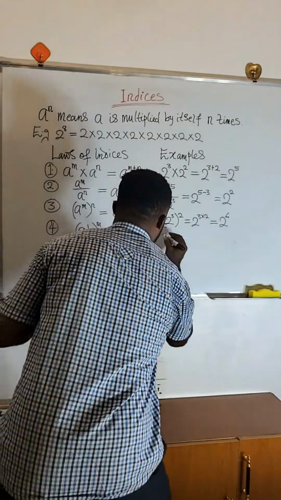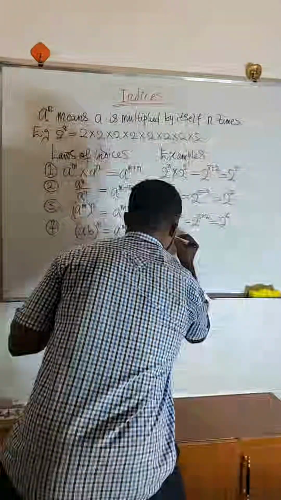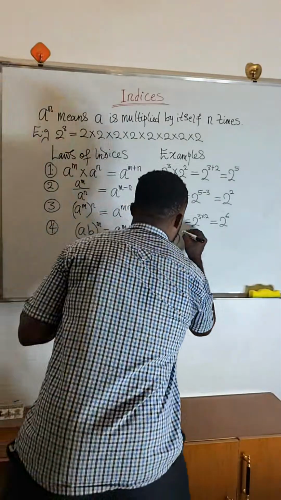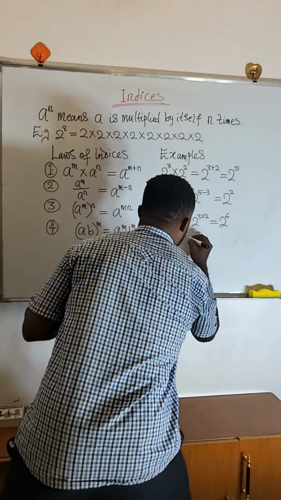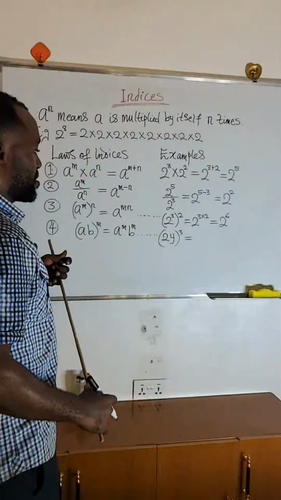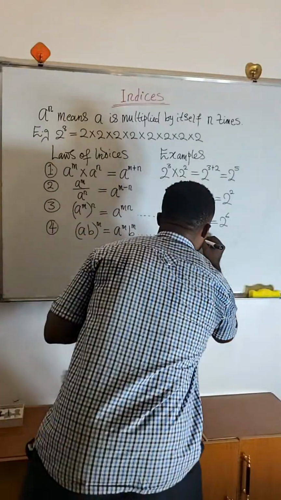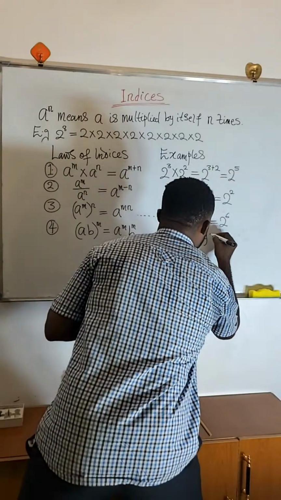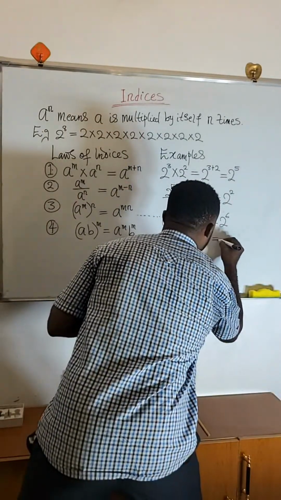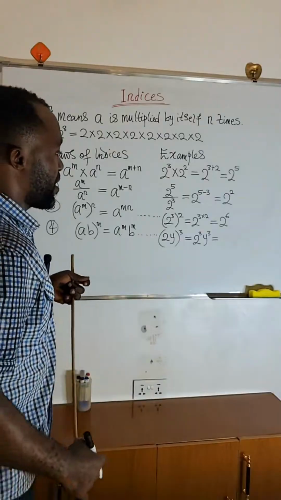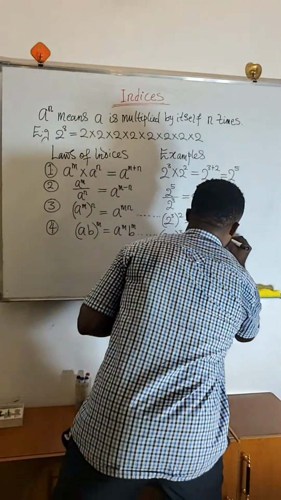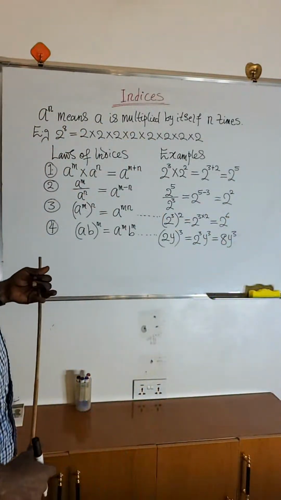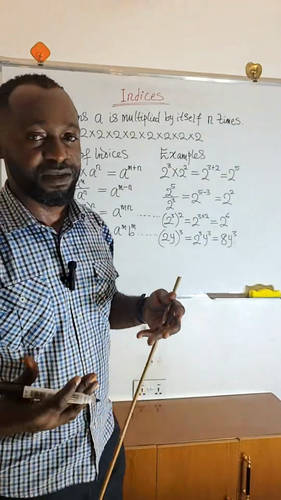That is the same thing as, what if you have 2y in bracket raised to the power of 3? This will be 2 raised to the power of 3 multiplied by y raised to the power of 3. And that will result to 8y raised to the power of 3. I believe you can see this.